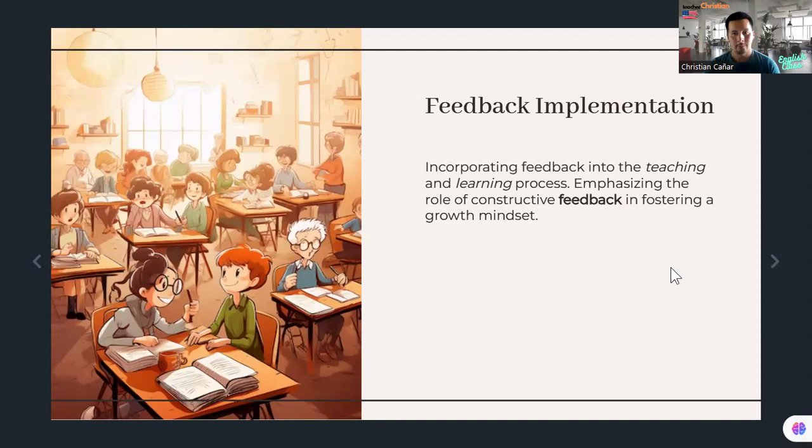This is the pathway that we can follow to get the goal, to get the knowledge for the students. If they are having some troubles, we have to give the proper feedback to help the students become aware of their troubles, or if they are doing well, we can guide them to keep going.